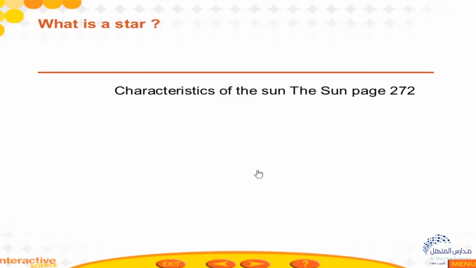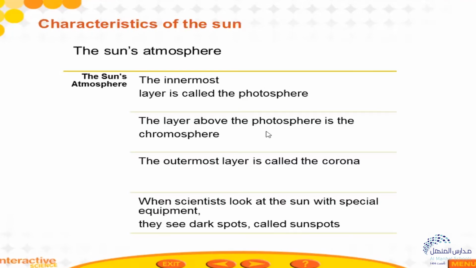Now, we are on page 272. We are going to speak about the characteristics of the sun. If I ask you a question, does the sun have a hard surface? Think. Can anyone answer? The answer is no. The sun does not have a hard surface because the sun is made up of gases.